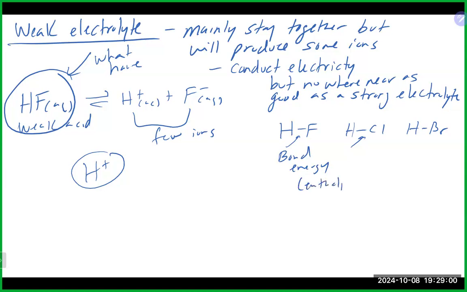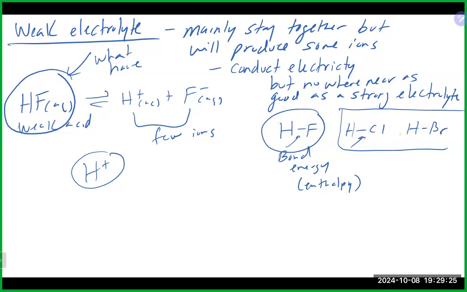If you remember that, where we added up all the bonds we broke and all the ones we made, we had a whole list of bond energy. And when you look at the bond energy for HF versus basically everybody else below it in that group, HF has a very significantly high bond energy, which means it takes a lot of energy to break that bond.